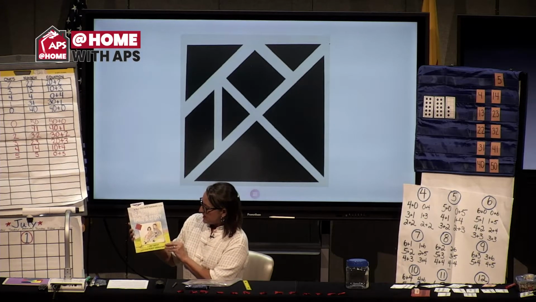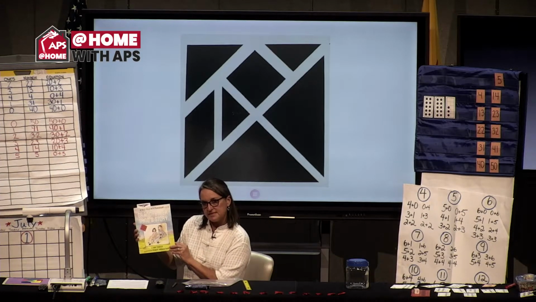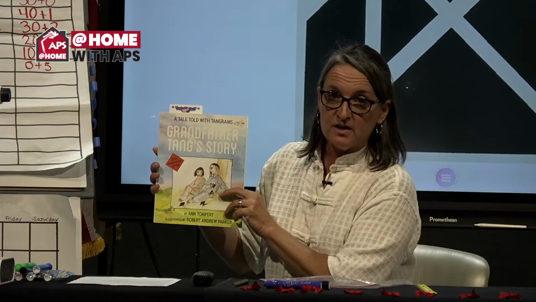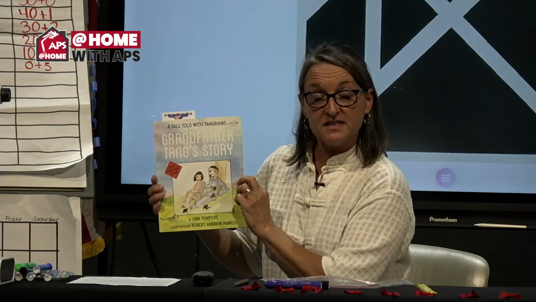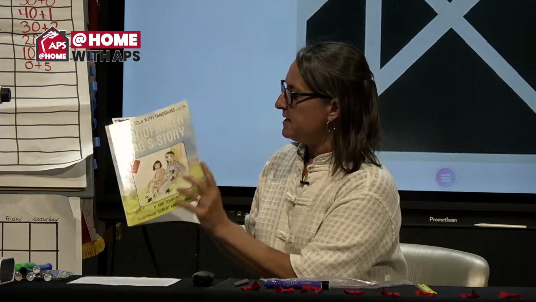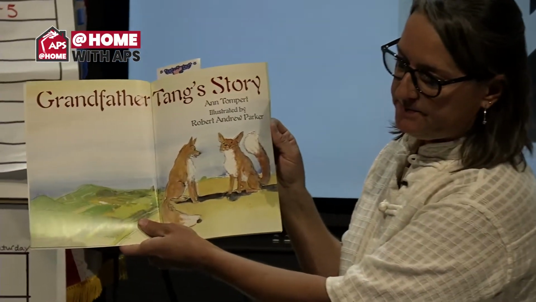In this story, Ann Tompert uses tangrams to help tell the story, which is a Chinese folk tale. So we're going to read it today, and we're going to finish tomorrow, and tomorrow we'll make some of the animals from the story with tangrams. All right.